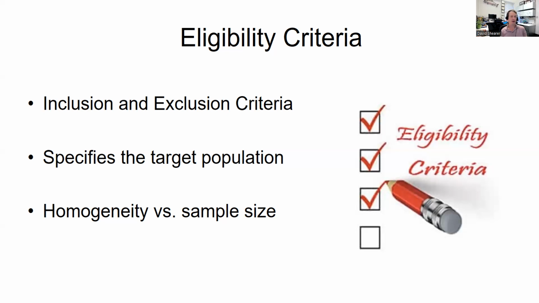And if you lump them all together, you may find that it washes out the effect that you're interested in. So you have to find the balance here of a target population that's appropriately specific to address your research question, but still have adequate sample size and the right degree of homogeneity to see the effect from your intervention that you're interested in.